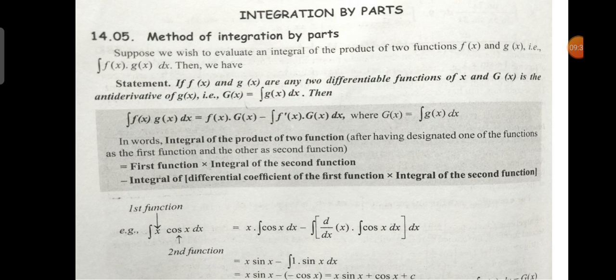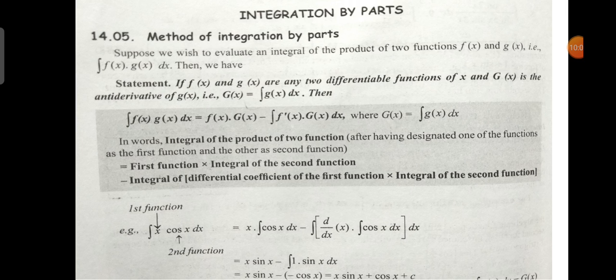So what you have to do is, two functions will be given for integration. First, write the first function, f of x dx. Write the first function into the integral of the second function. Find the integration of the second function and write the product: first into integration of the second.